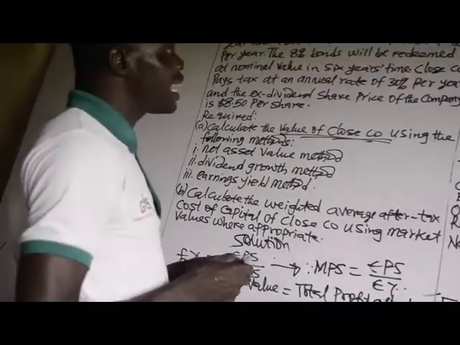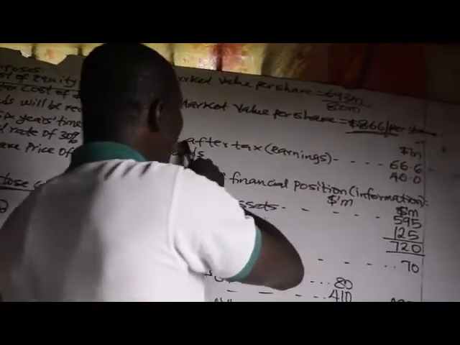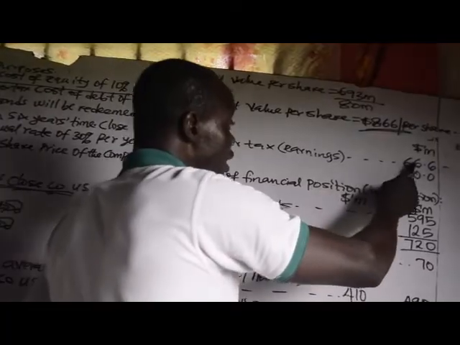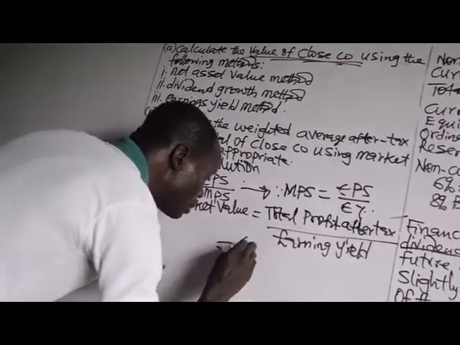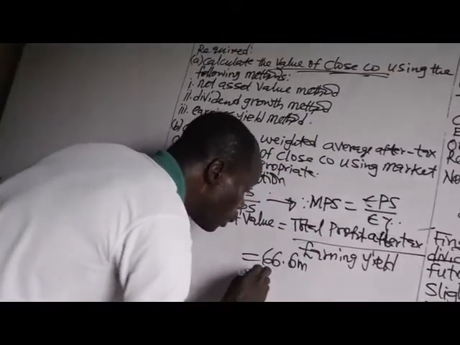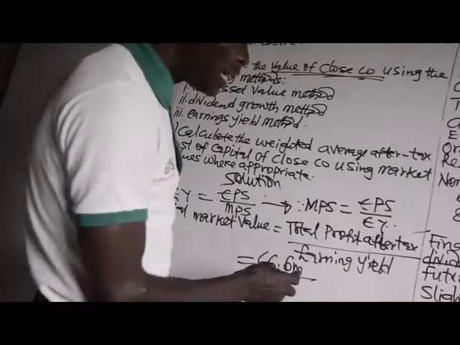And our profit after tax, you were given, which is the same as your earnings, is 66.6 million. So the numerator is 66.6 million over earning yield. And what is our earning yield?